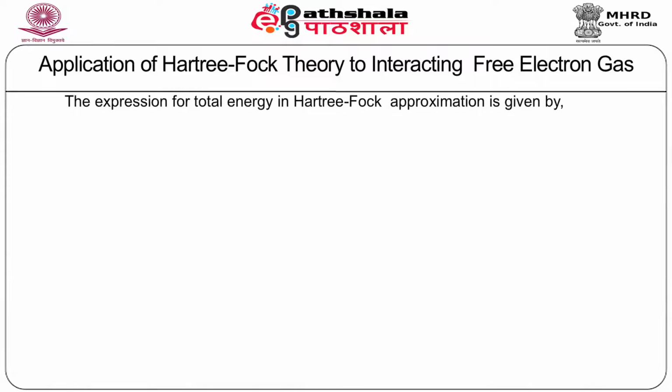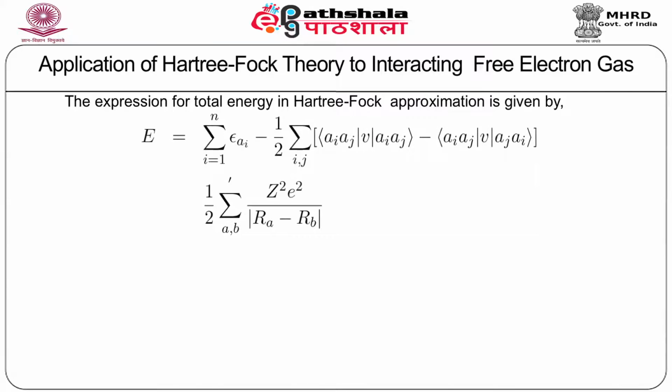The expression for total energy in Hartree-Fock approximation, if you remember, is given by these following four terms, which consist of summation over epsilon ai, minus half of summation over ij, ai aj times v ai aj minus ai aj v aj ai, and the contribution from the nuclear or the ionic interaction.